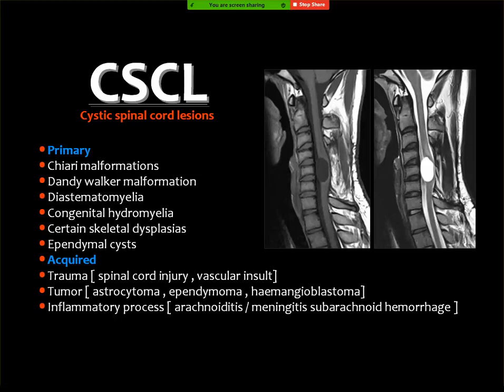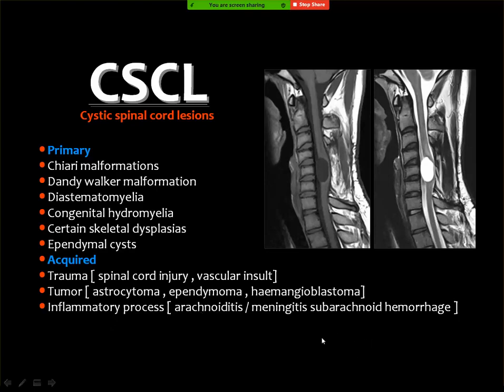If it occurs in the brain, it is known as neuroglial cyst. If it occurs in the spinal cord, it is known as ependymal cyst. Then post-traumatic, you may get injury of the spinal cord and cavitation. Tumors like astrocytoma, ependymoma, and hemangioblastoma. Infections like arachnoiditis, meningitis, and subarachnoid hemorrhage.